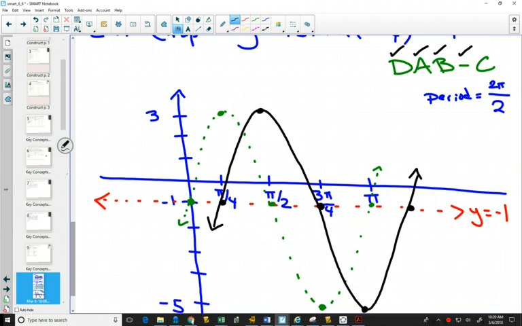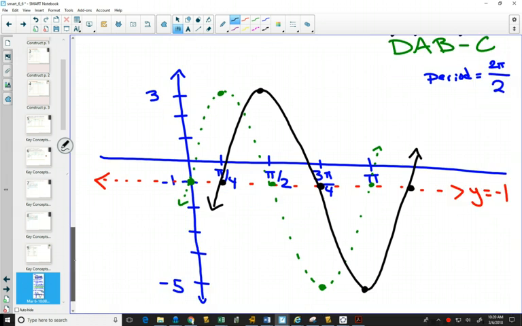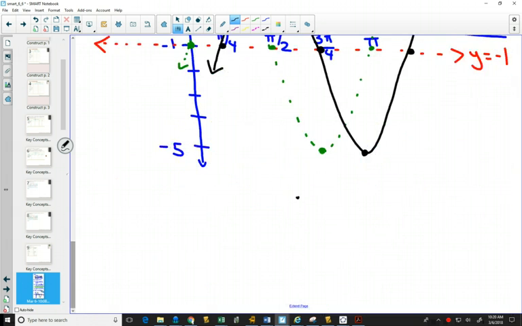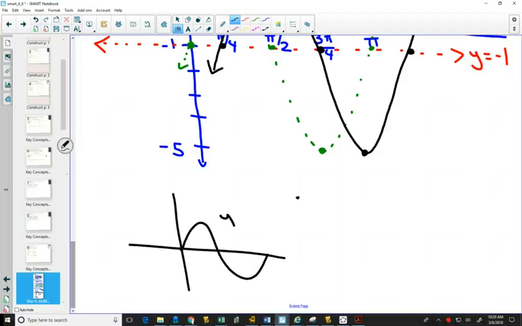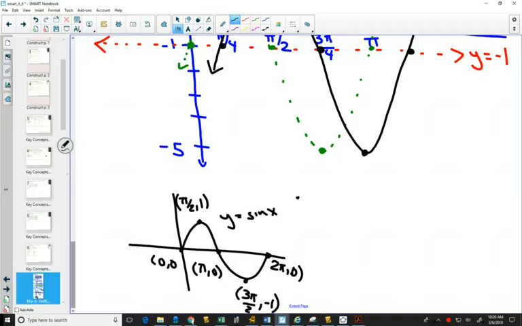So how would you have done this from your transformations unit? In your transformations unit, you would have first done a quick graph of sine x. And you would have had 0, 0 as one point, pi over 2 comma 1, pi comma 0, 3 pi over 2 comma negative 1, and 2 pi comma 0 as your 5 key points.